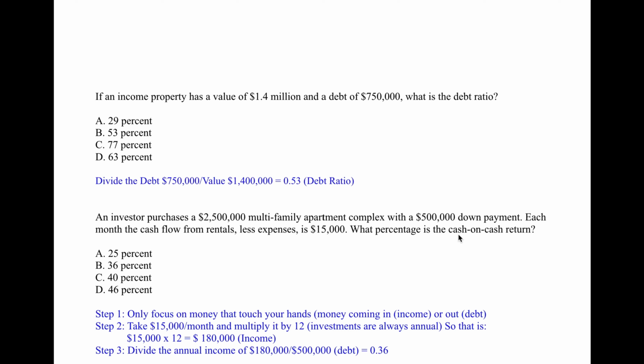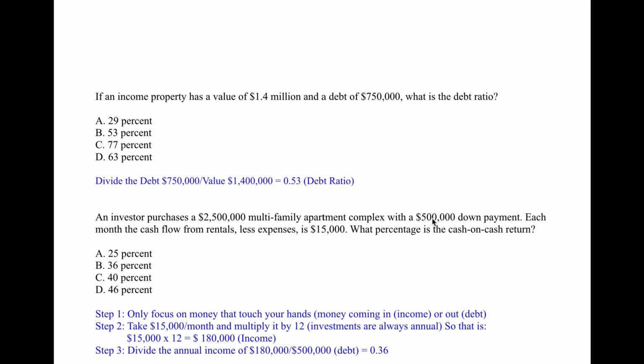They're giving you a bunch of numbers to confuse you because this is cash on cash, right? So when you have cash in your hand, that's money that you touch. So you're only going to worry about those numbers that you would touch, the cash amount. The $2.5 million multifamily, you're not touching that price. But it says a down payment of 500,000.